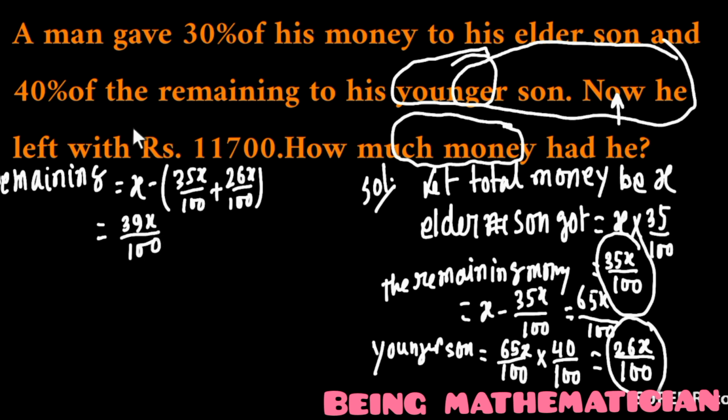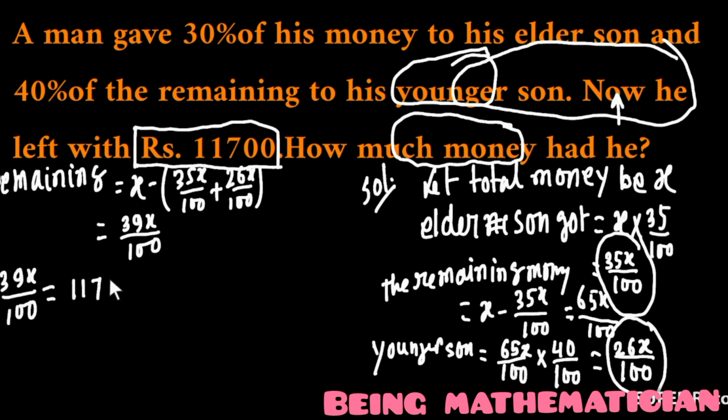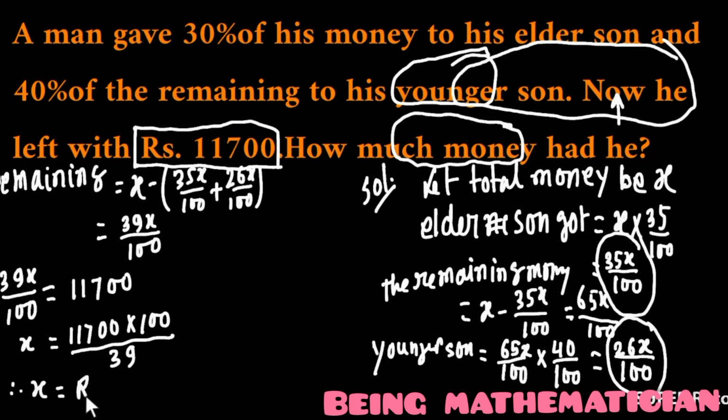And by the problem, this money is equal to rupees 11,700. So 39X by 100 equal to 11,700. So X is equal to 11,700 into 100 divided by 39, and therefore X will be rupees 30,000. 39 times 300 is 11,700. So the final answer is 30,000.